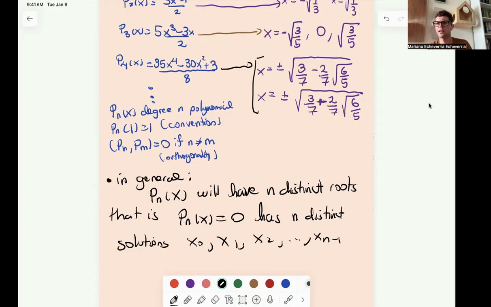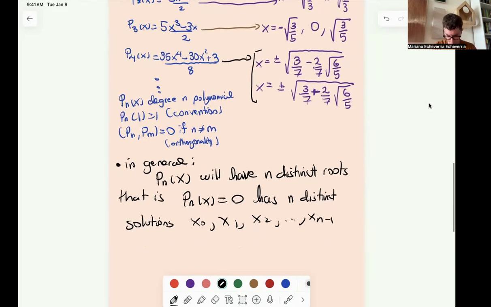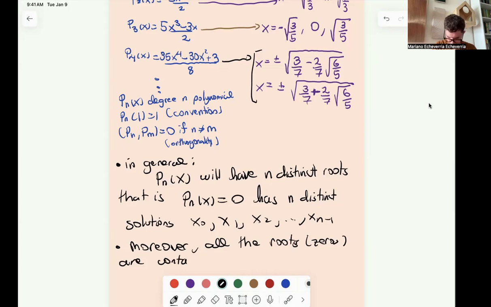The other thing is not as obvious, but it can be shown, because it's one of the properties of orthogonal polynomials, that all the roots are between the interval from -1 to 1. So all the zeros are on the interval. Moreover, all the roots are contained in the interval -1, 1.